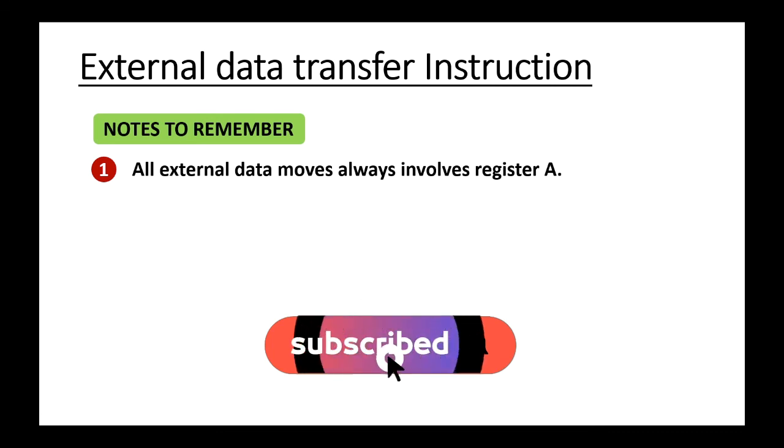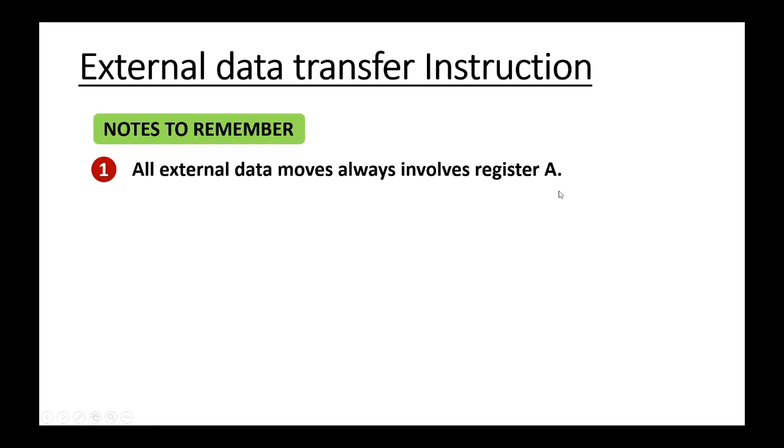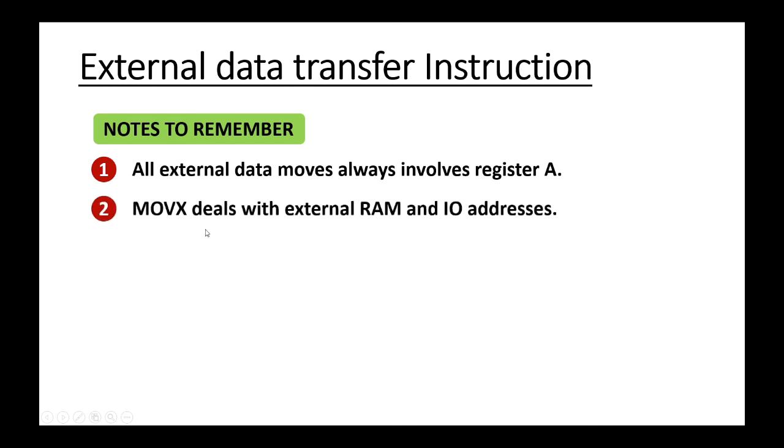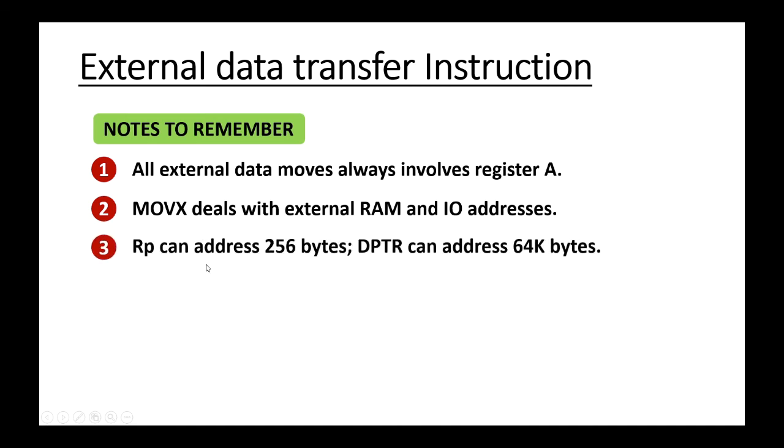So notes to remember: every external data move always involves register A. No other register like R1, R0, R2, R3 is used for external data movement. MOVX deals with the external RAM and IO addresses. RP can address up to 256 bytes and DPTR can address up to 64K bytes.